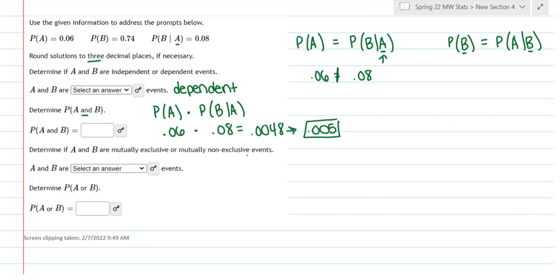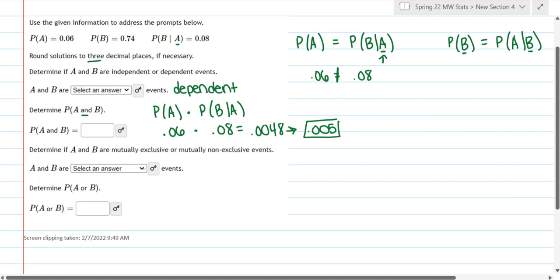Yes. Important note, always assume 2 or more events are mutually non-exclusive unless you can show otherwise. So we actually don't know what these probabilities are for. We're not given any information about it, so we're just going to assume they're not mutually exclusive. Okay, so this is, what does it say? It says mutually non-exclusive.